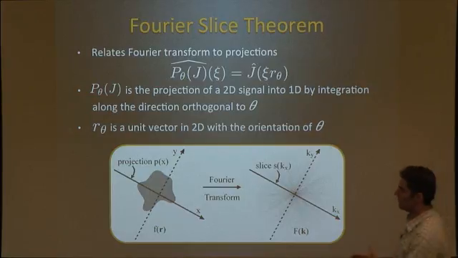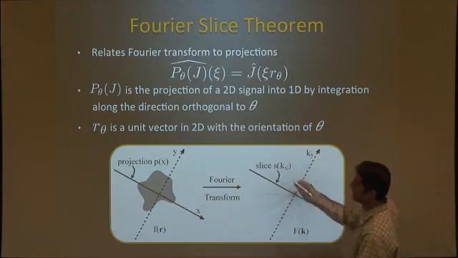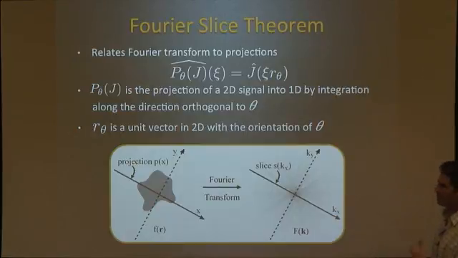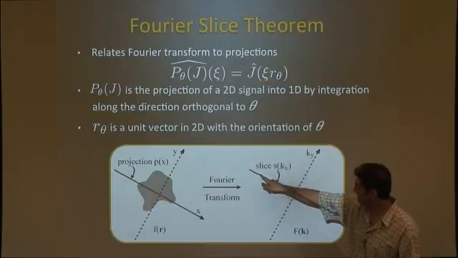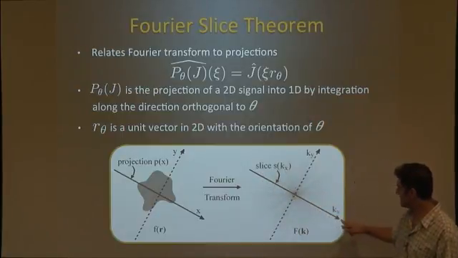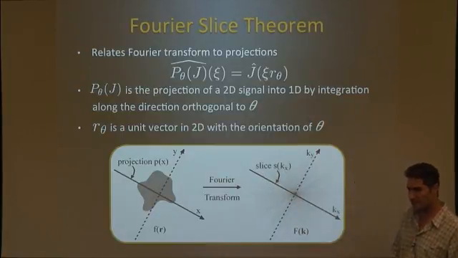So what we have here is we pick some direction and we project the image just by integrating along this direction. This gives us a 1D signal. Now we compute the Fourier transform of this 1D signal that was integrated along the direction defined by theta. And the identity tells us that this equals a slice, just these values in Fourier space.